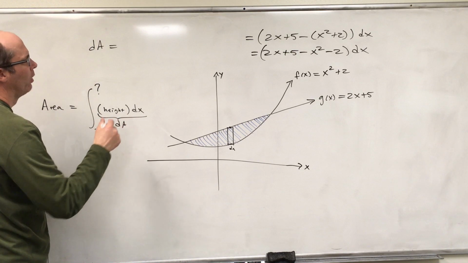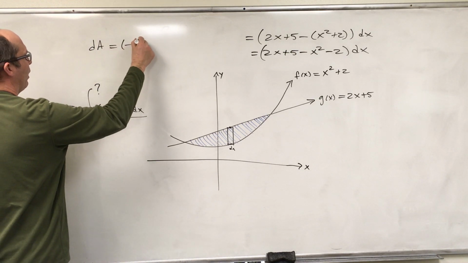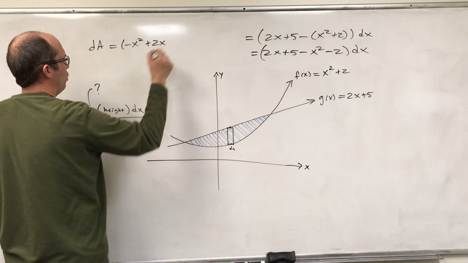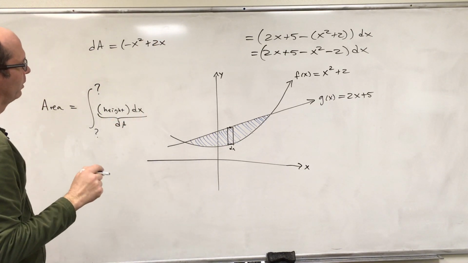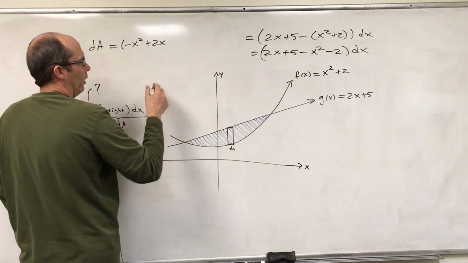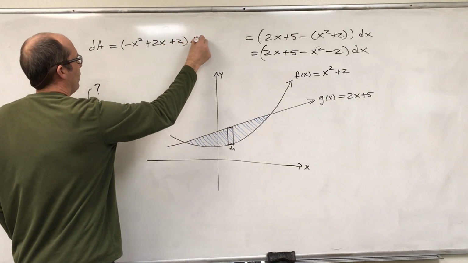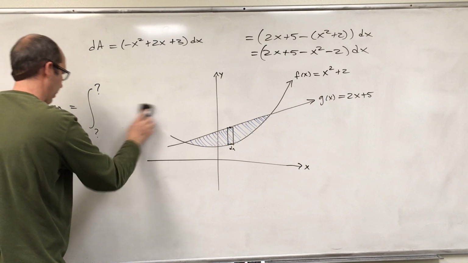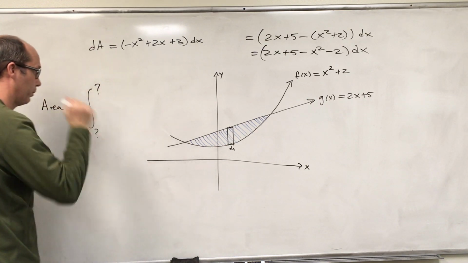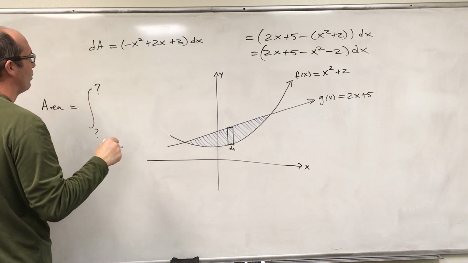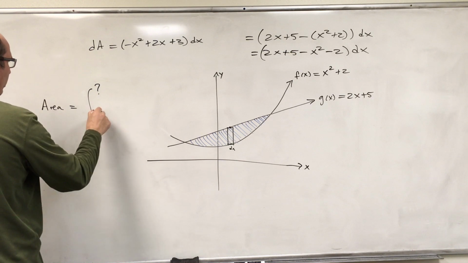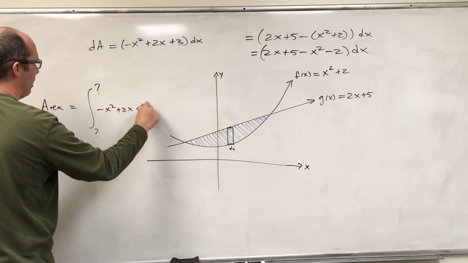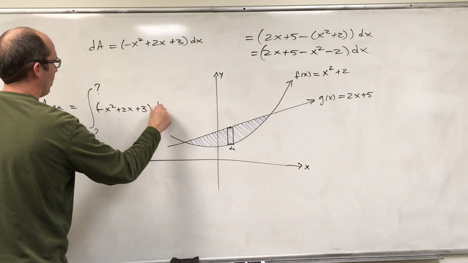Let's say negative x squared plus 2x plus 3, dx. Okay, so I'll put that here. You've got negative x squared plus 2x plus 3, dx.